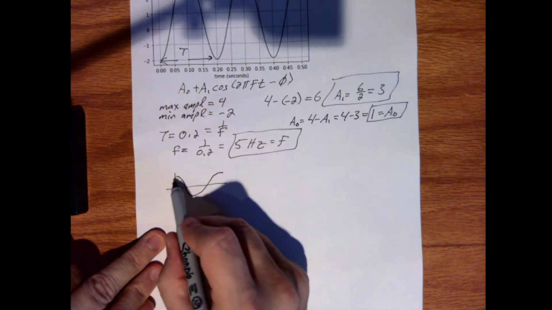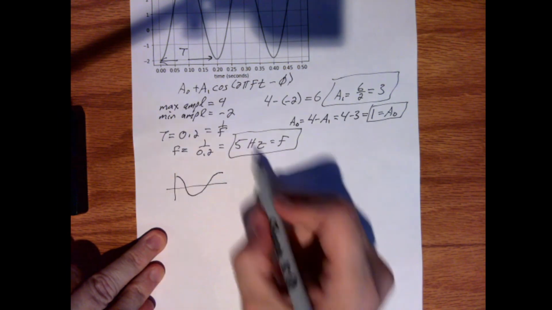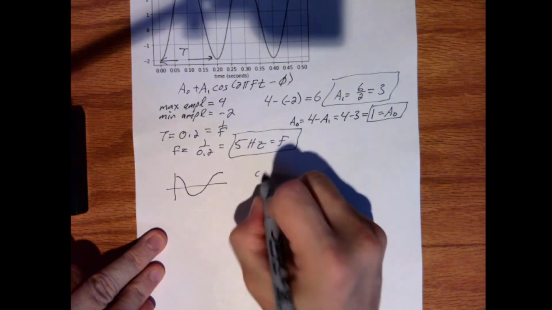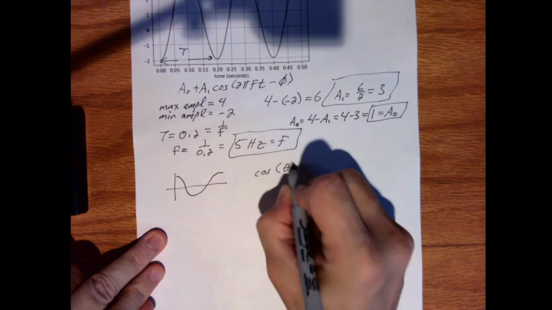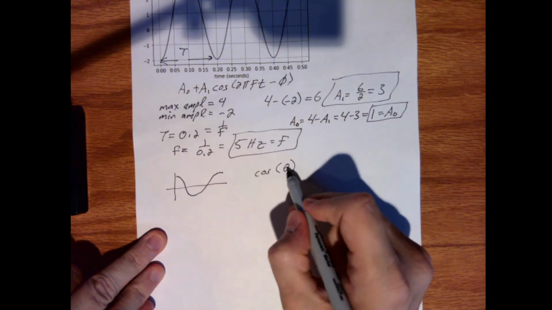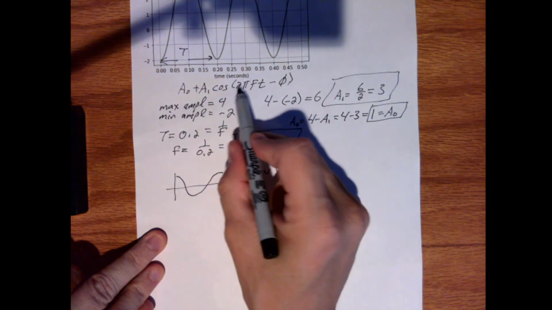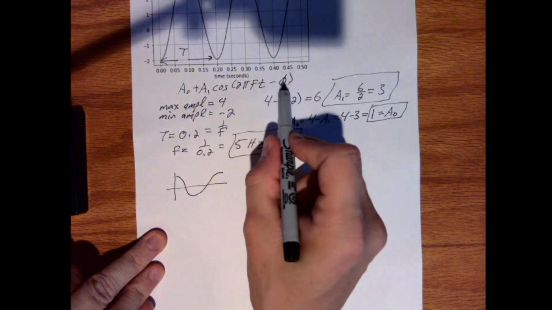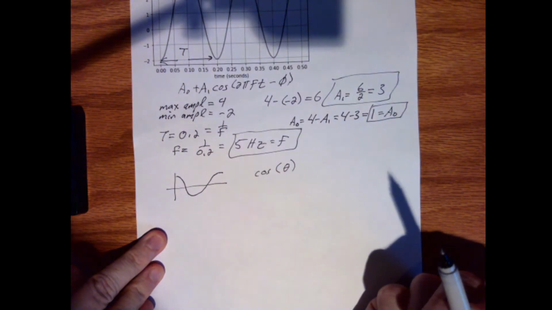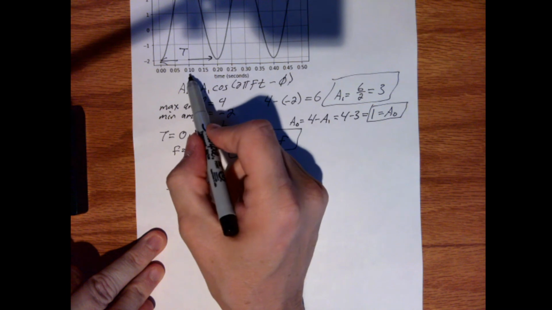So that means we have a peak when the value that's inside cosine theta, when theta is 0, I have a peak. So that means when what's inside the parentheses here is equal to 0, it's going to peak. And we can see that's at time equals 0.1.